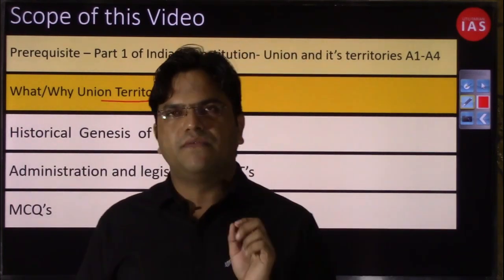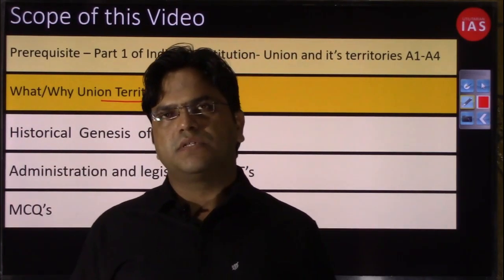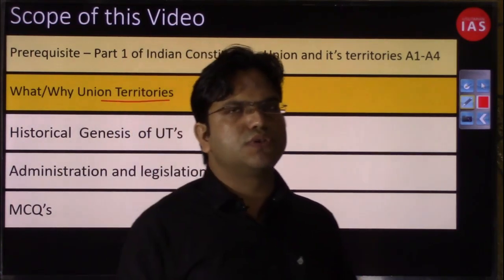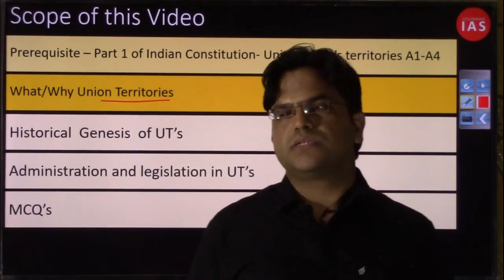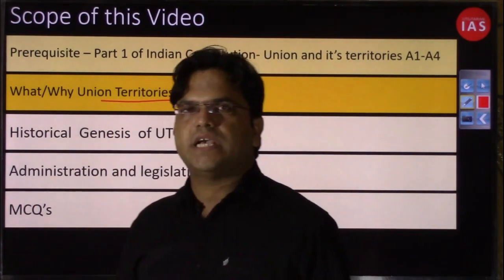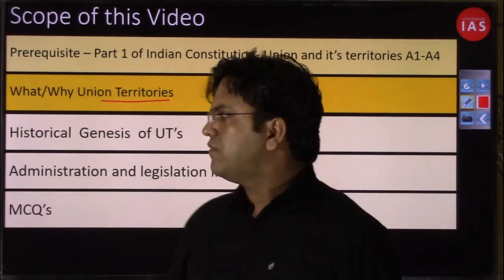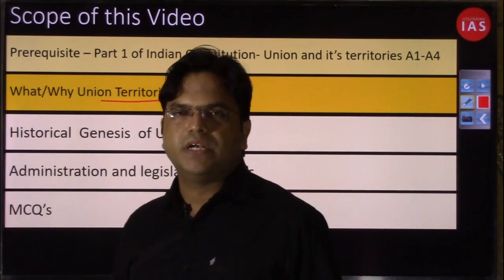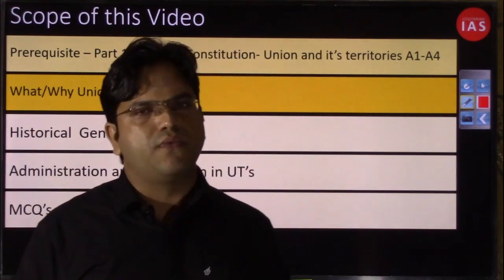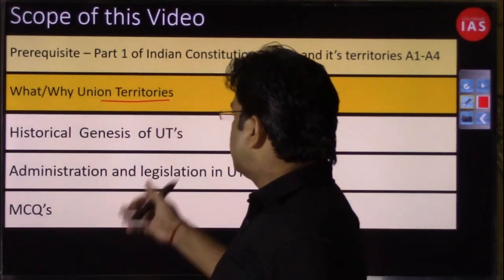Did we really have something called union territories when the Constitution was operationalized, or does this terminology have a post-independence genesis? That we'll discuss when we cover the historical genesis of union territories.